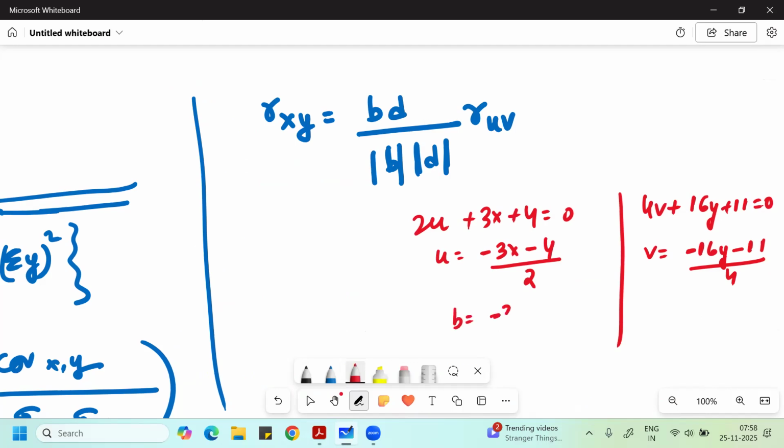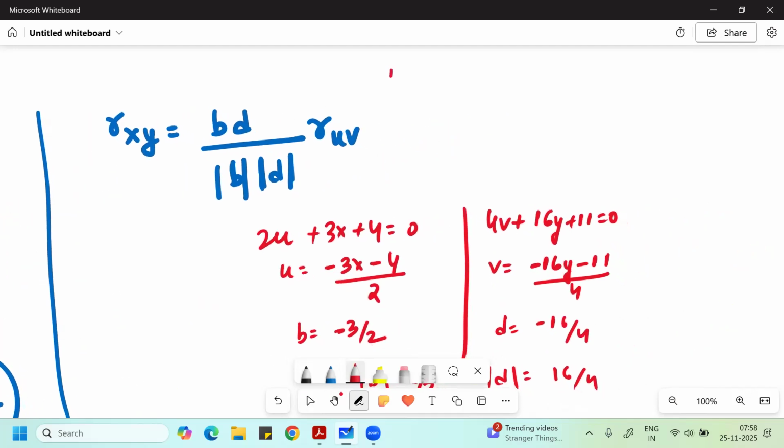The value which is attached to the x. And here what is d? d is the value which is attached to y. Okay, now you get b, you get d. Modulus of b would be 3 by 2, and modulus of d would be 16 by 4. Now in this formula for r of xy, b is there in the numerator and in the denominator, and d is there in the numerator and in the denominator.